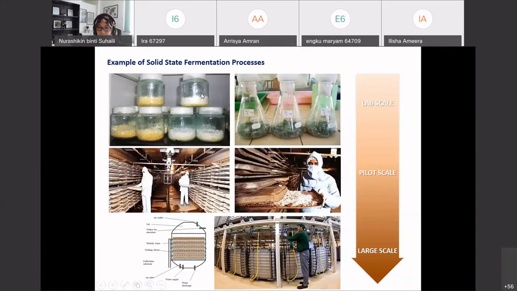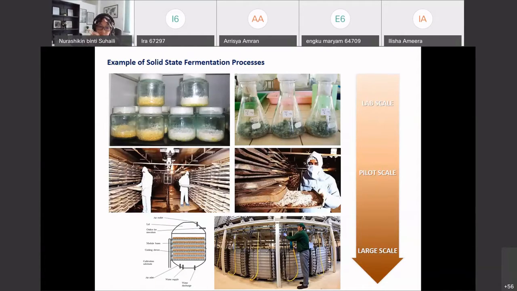The one that you see above here is small scale solid state fermentation, where we carry out the fermentation in a shake flask. In the shake flask, you can see that this one is solid, there's no liquid flowing, and we use cotton and gauze. It's not only cotton, but you use gauze, the one that you use for covering a wound.